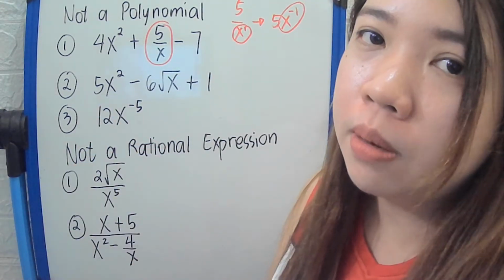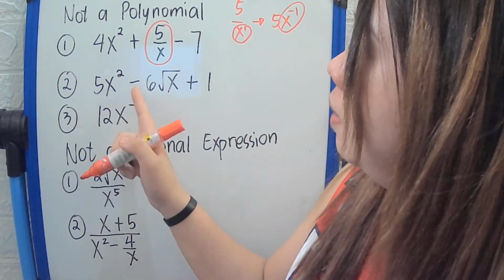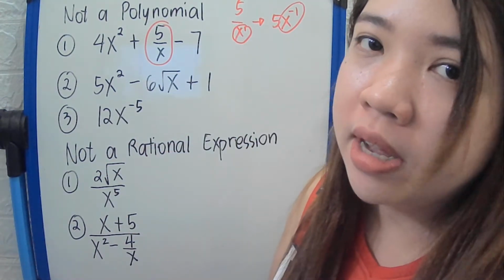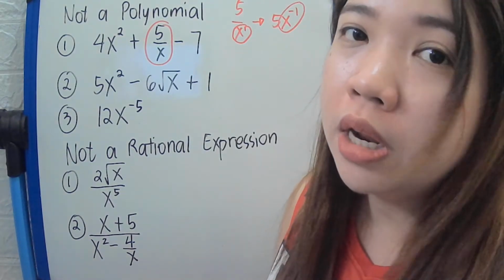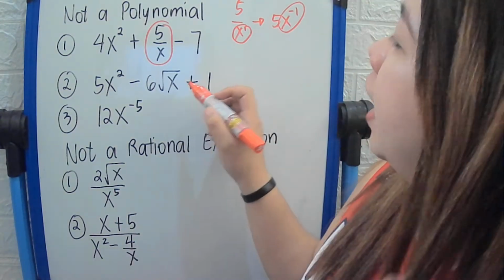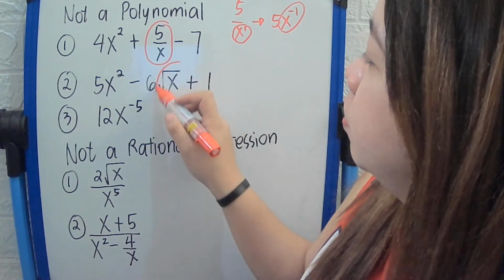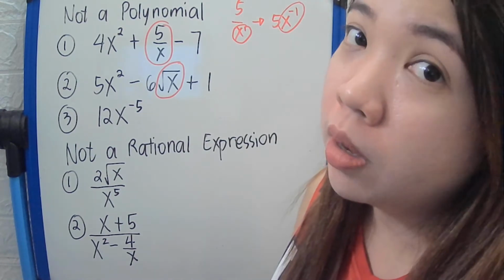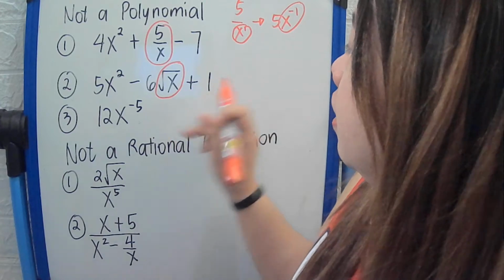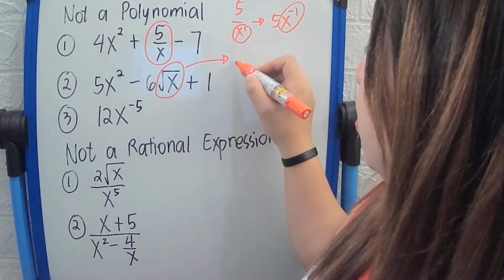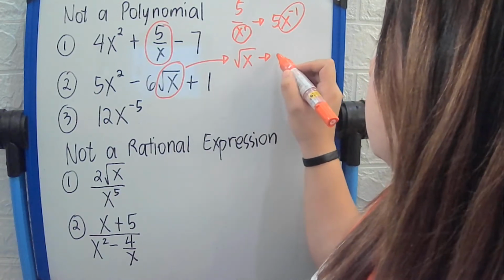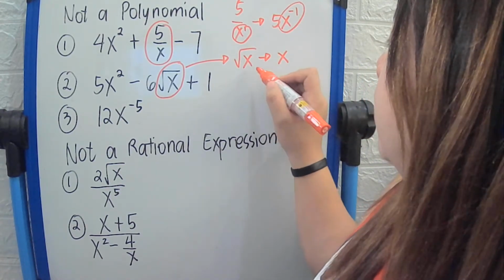Next, in example number 2, we have here 5x squared minus 6 square root of x plus 1. So aside from having a negative exponent, a polynomial should not have a fractional exponent. So if you have here this one, the variable is a radicand, meaning when I say square root of x, it can be written as copy the base or the radicand.